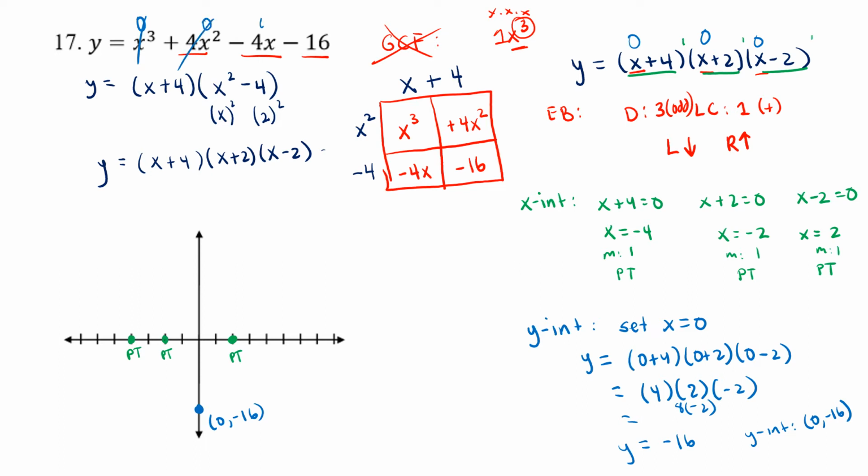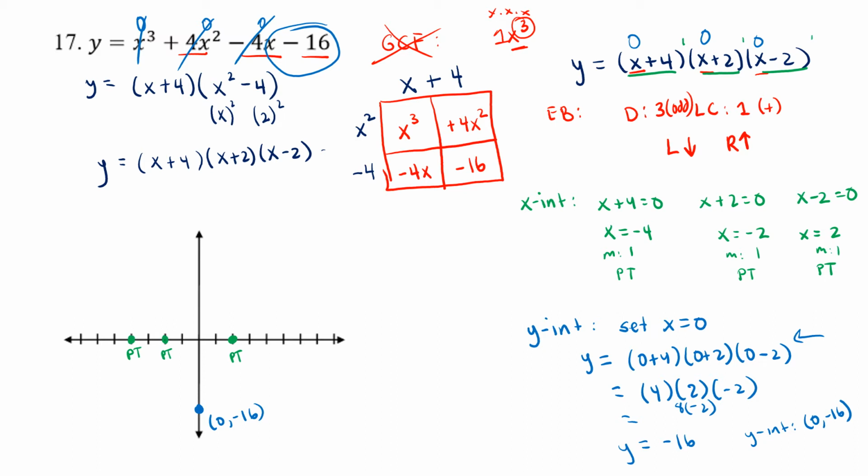Like 4 times 0 is 0, leaving us with that -16. So it's a little bit quicker than when it's in factored form. But again, it doesn't matter which way you find it. If you feel more comfortable doing it like this, then do it like that, right? This is just a quick way of noticing, oh, y-intercept's -16.